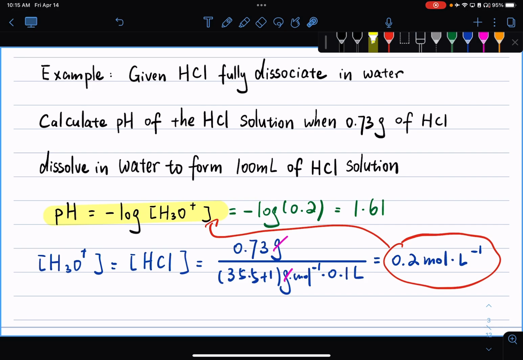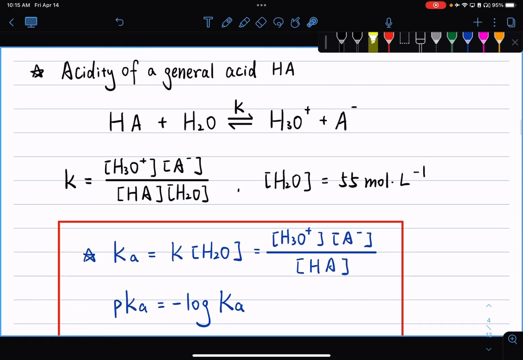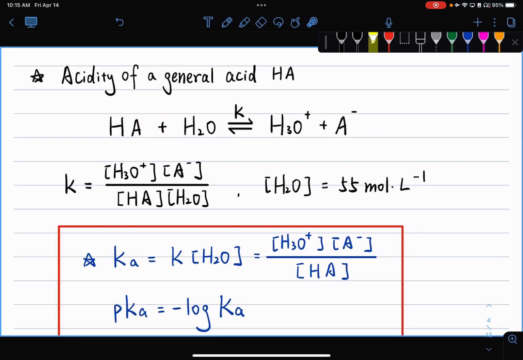When we're talking about different types of acids, we have a way to quantify their acidity. The idea here is using pKa and Ka to quantify the acidity of specific species. This is the first time we see this generalized acid dissociation reaction. HA is a general form of some kind of acid.